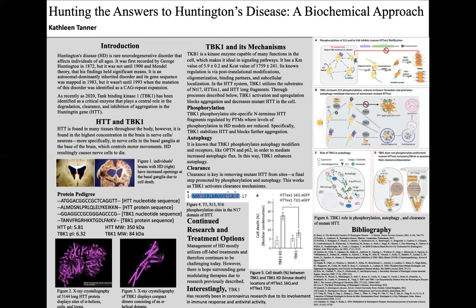I was pretty surprised to read that because in terms of immune response and antiviral activity, TBK1 activates other regulatory factors associated with immune response. So I would think that TBK1 activity would be beneficial, but this research suggests just the opposite. In fact, it's possibly an issue over excessive activation leading to negative effects in these pathways.